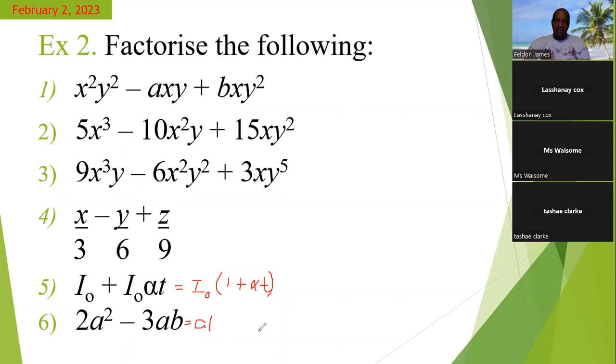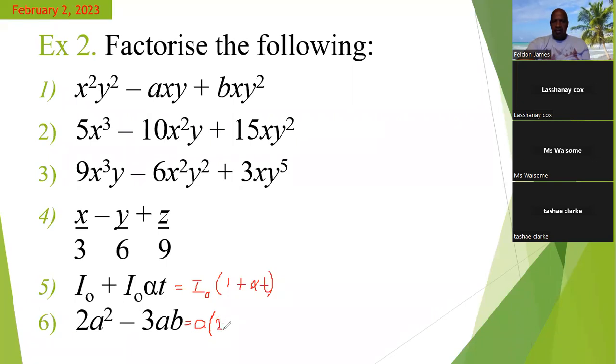Sir, so the answer would be A bracket 2A minus 3B. All right, so I just want you to walk us through how you arrive at your answer. I don't want you to just give me the answer abruptly like that. Walk us through the process, what you do to get the terms in the brackets. Sir, 1A into 2A squared goes 2A, because the A would have canceled another A. All right.